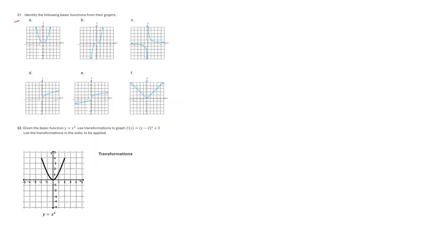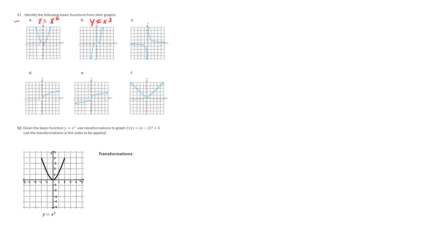31, identify basic functions from graphs. So this first one looks parabolic, and we can see that it does follow the y equals x squared points. This next one we have pointing down as we go to negative infinity, pointing up as we go to positive infinity. A nice curve. This should be an x cubed.